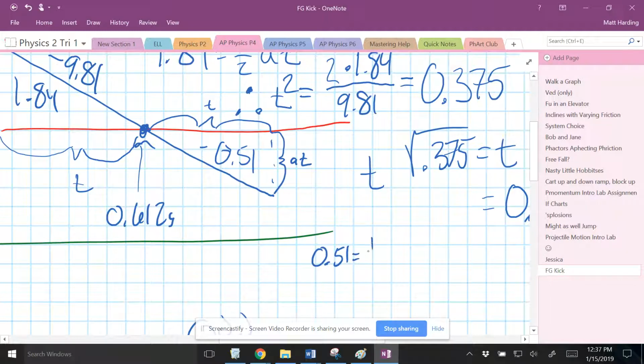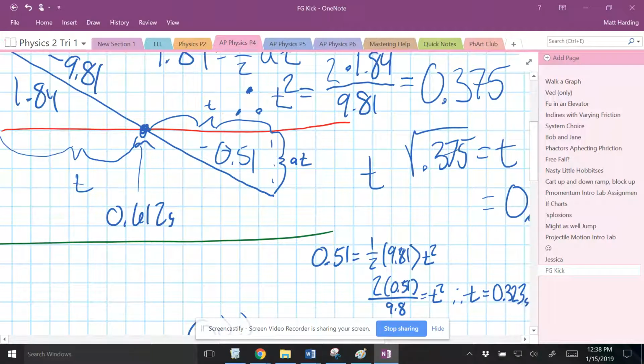So again, I'm going to have 0.51 equals 1/2 of, I'm playing kind of fast and loose with the signs because they're going to cancel out anyways. Half of 9.81 T squared. So 2 times 0.51 over 9.81, that's t squared. So when I shake that out mathematically to get t, I get something in the ballpark of 0.323 seconds.